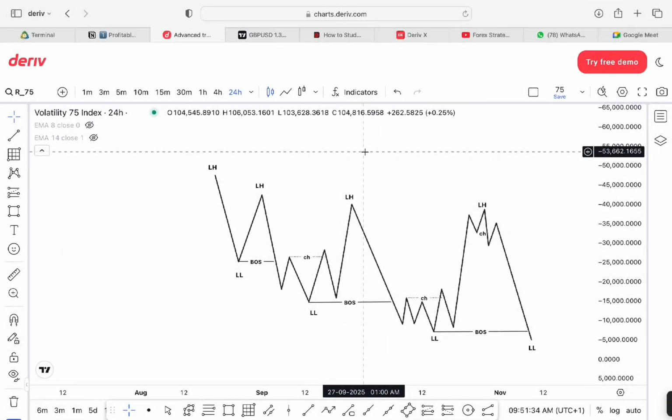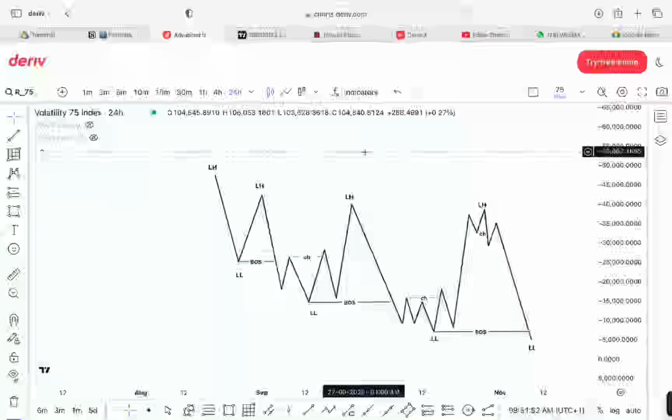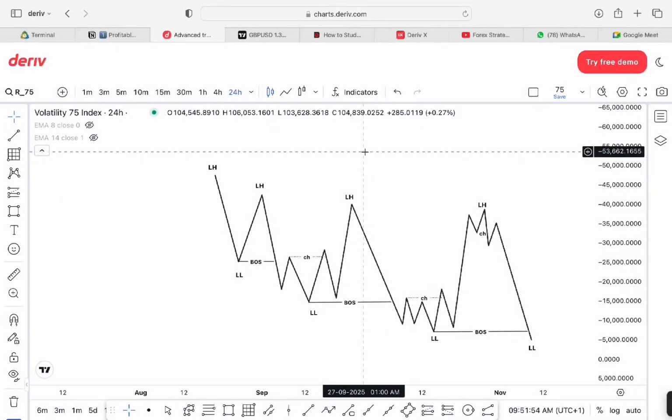Price has changed its uptrend character. Price has changed its downtrend character. It's like saying price has changed its characteristics. So in a downtrend market, the characteristics is respect the highs, the lower highs, and break the lower lows. So the moment price doesn't do that, that is it changing character.